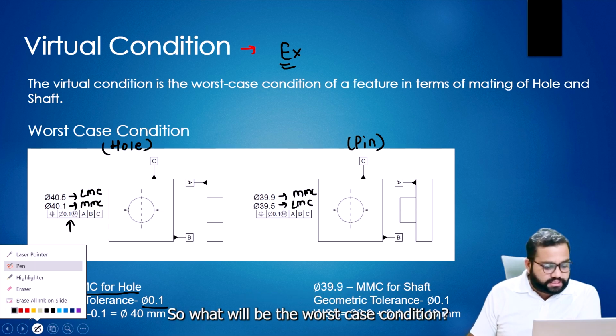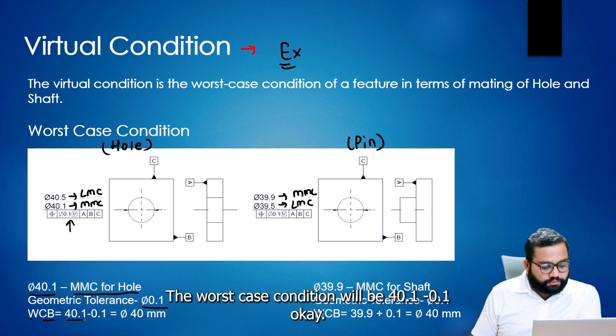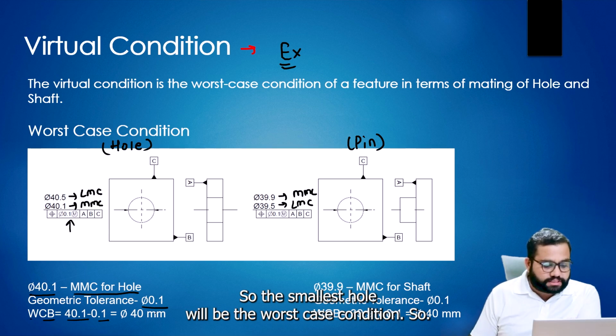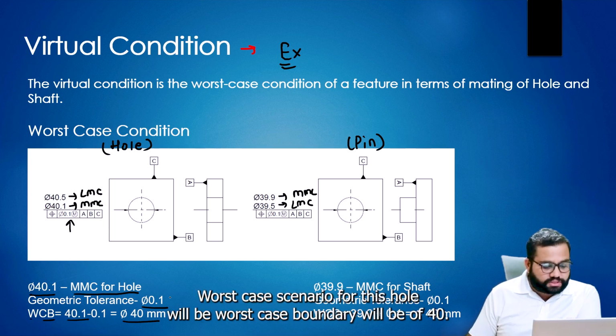So what will be the worst case condition? It will be 40.1 minus 0.1, so the smallest hole will be the worst case condition. The worst case boundary will be diameter 40 mm.